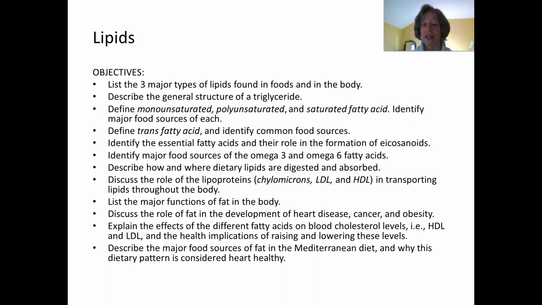So discuss the role of fat in the development of heart disease, cancer, and obesity. We just talked about the presence of LDL. High amounts of LDL and cholesterol circulating in your bloodstream does increase your risk for heart disease. Having excess body fat, excess fat in the diet, remember it's energy dense. So if we overeat lipids, if we eat more of our foods that are sources of lipids, we will tend to eat a higher amount of calories in general.